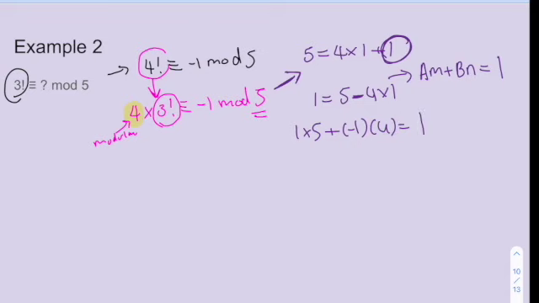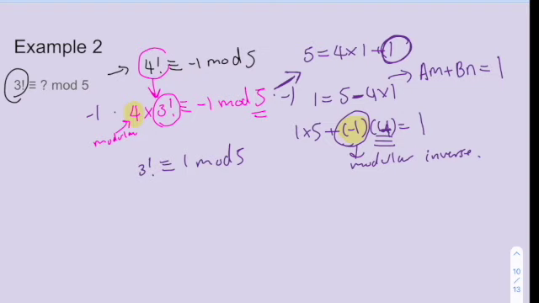So the number that's in front of 4 would be the modular inverse that we need to find. So in this case, now we can just multiply by negative 1 on both sides, and we will have 3 factorial is congruent to 1 mod 5, which proves the Slope's theorem that I talked about previously.